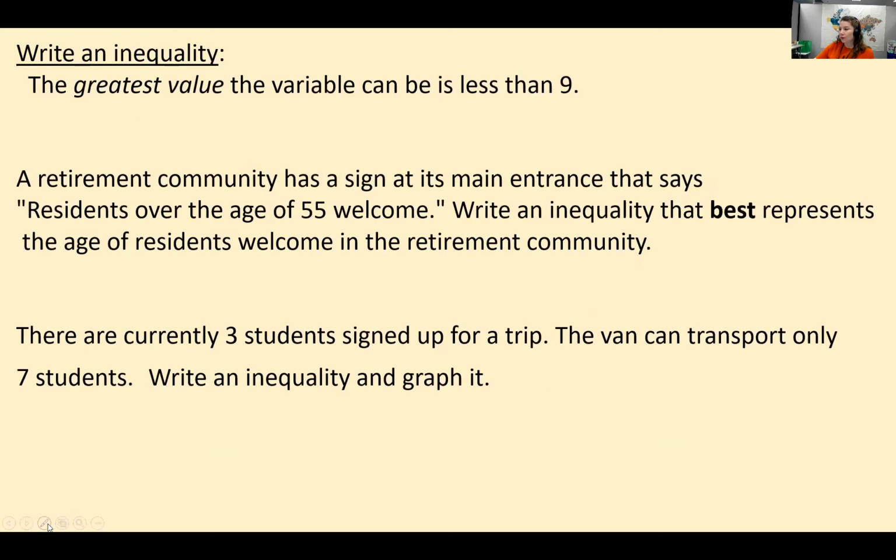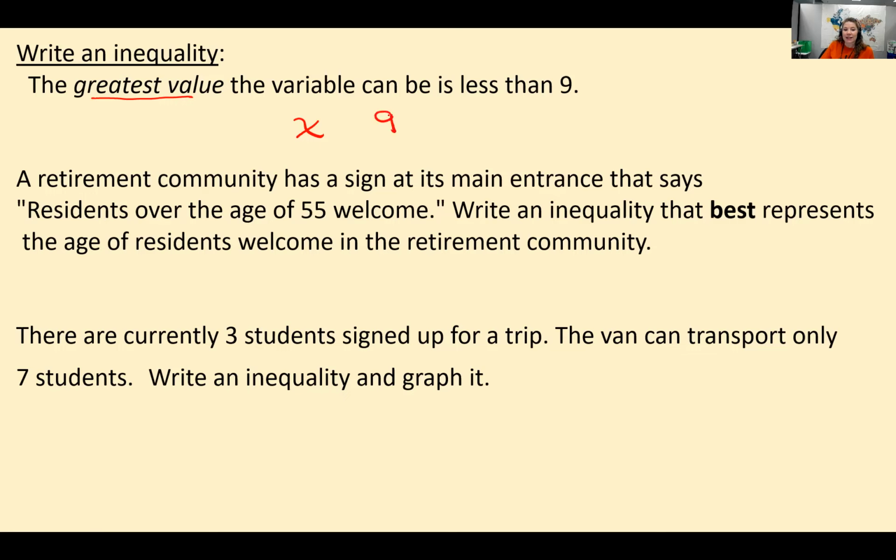All right, so we're going to write an inequality for each of these statements. It says the greatest value a variable can be is less than 9. So this variable right here, the greatest it can be is less than 9.